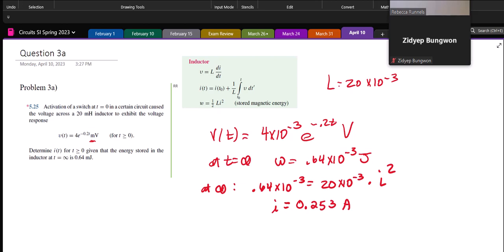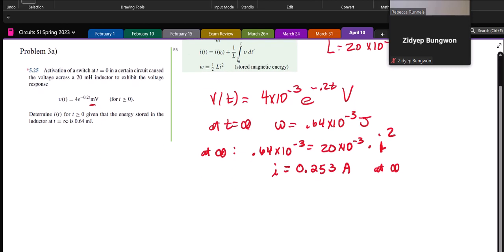If you solve for I, that's an I. And this is at infinity. Now, we need to find i of t, and in our formula, it doesn't say I at infinity, it says I at t0. Well, t0 is 0, so we'll have to come back to that when we get there.